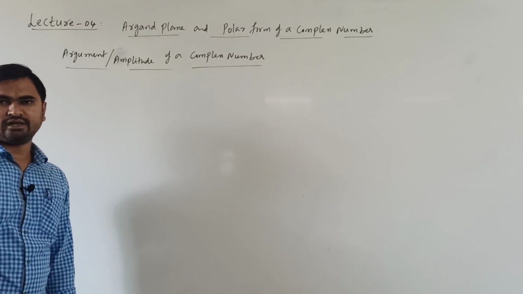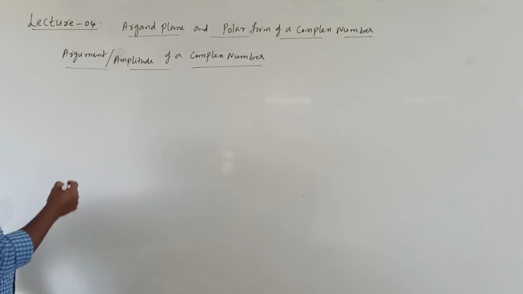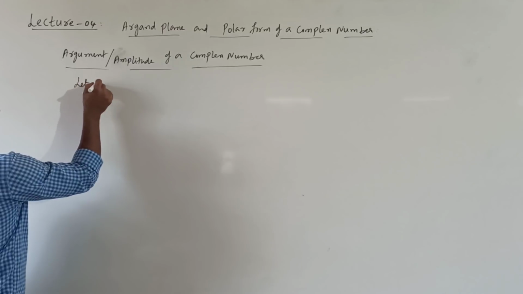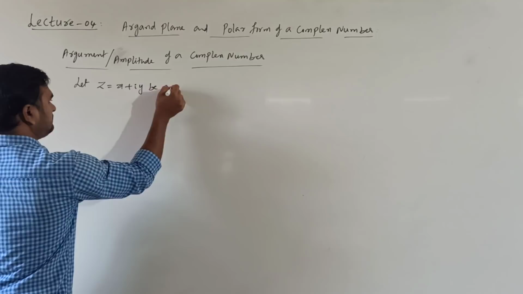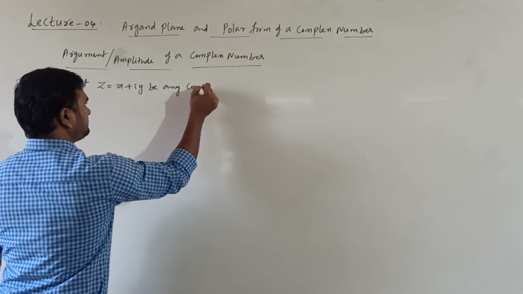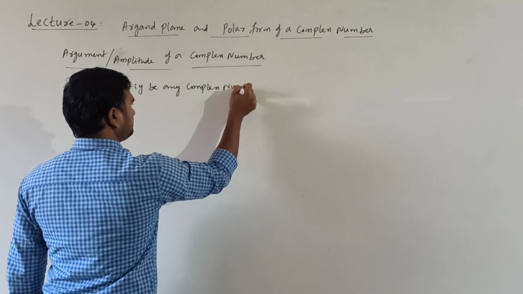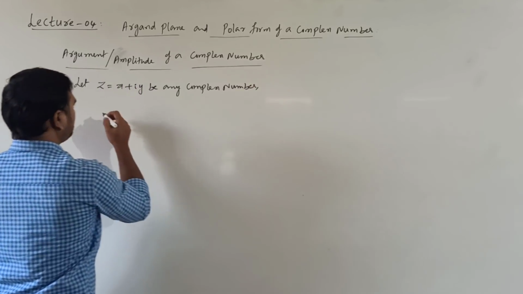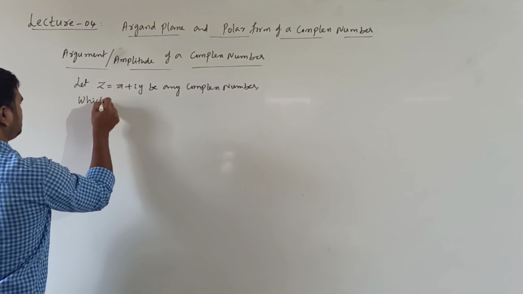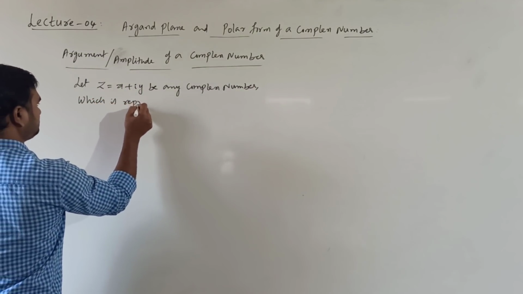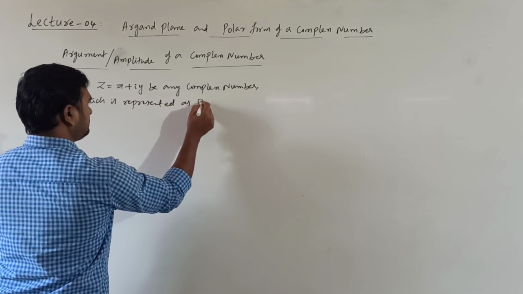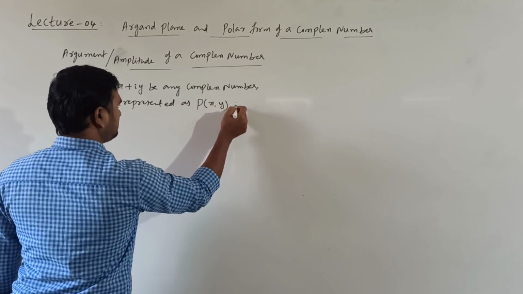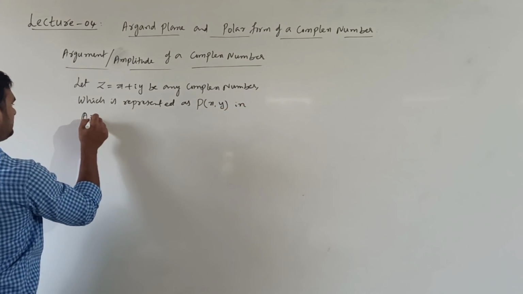Argument or amplitude of a complex number: suppose z equal to x plus iy is any complex number which is represented as the point P (x, y) in the Argand plane.